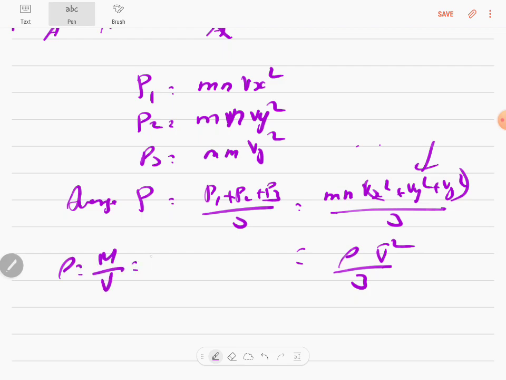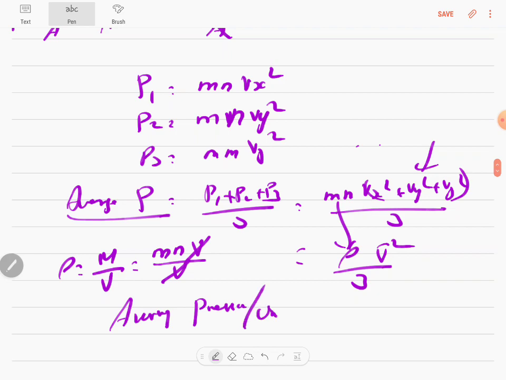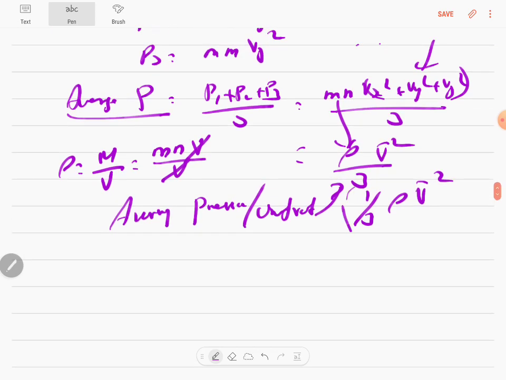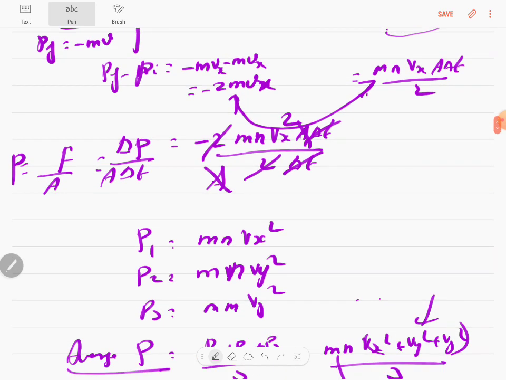Here m is the mass of one molecule and n is the number of molecules per unit volume. So you can replace m n with rho. Thus the average pressure is 1/3 rho v square. Okay, so this is the formula and this is the question that they have asked.